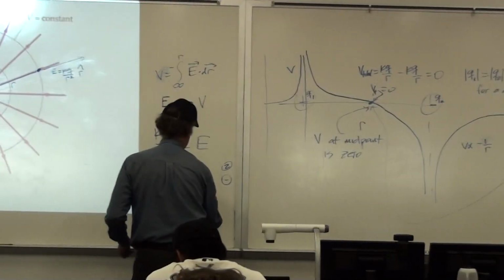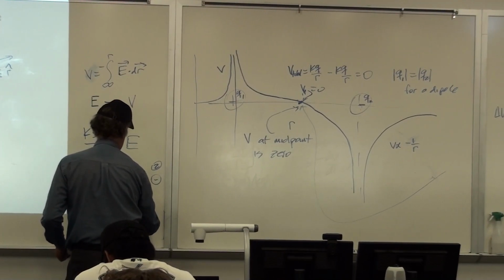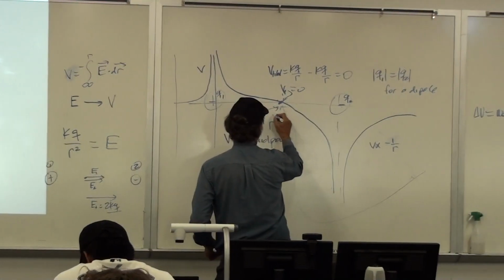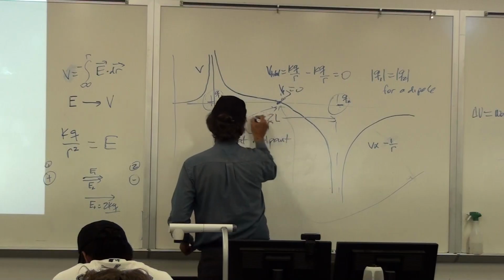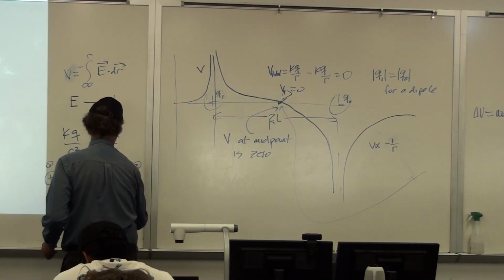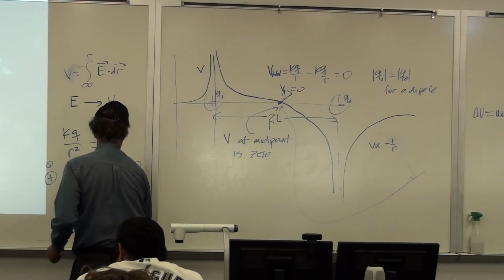Those two add, so we get an E total. That's equal to 2kq divided by, and then if we call this distance 2L, the total distance between them, then this just would be 2kq over L squared.